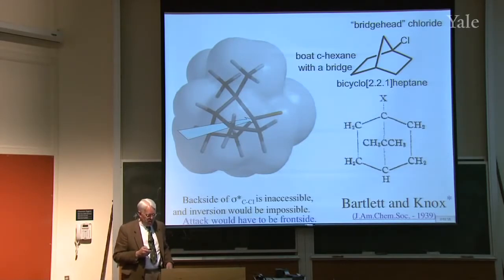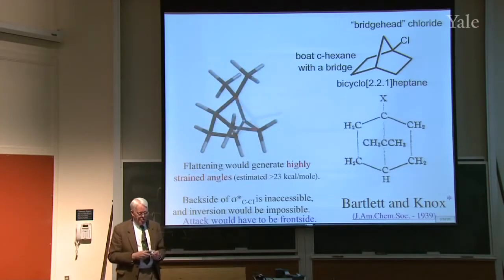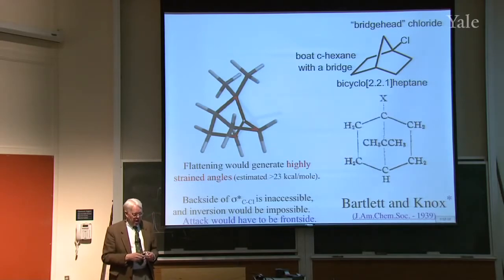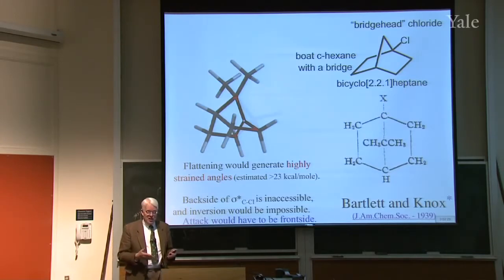Now notice something else about this structure, right? If you were to flatten that carbon, if you were to lose the chloride without attacking it and generate a flat cation, that would require generating really strongly strained angles here, and here, right? And it was estimated by Bartlett and Knox that that would cost more than 23 kilocalories per mole, which 3/4 of that is 16, right?